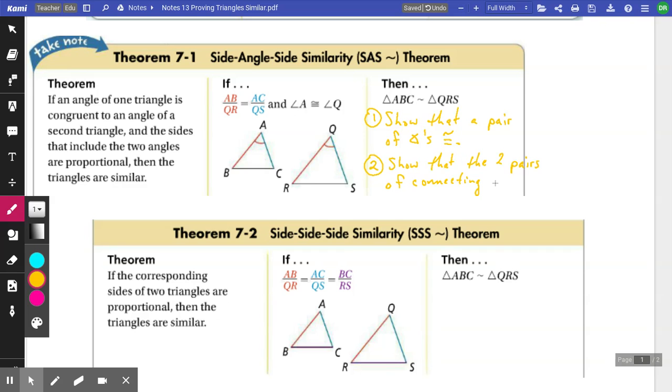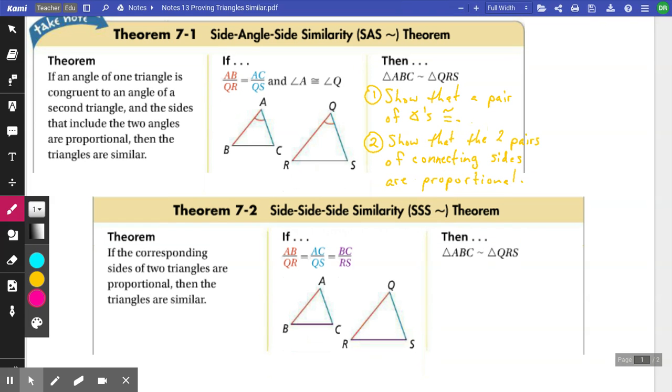And what that really means is that they have the same scale factor. And so once you set up that comparison, what we're really interested in is, do these reduce to the same amount, these ratios of sides?